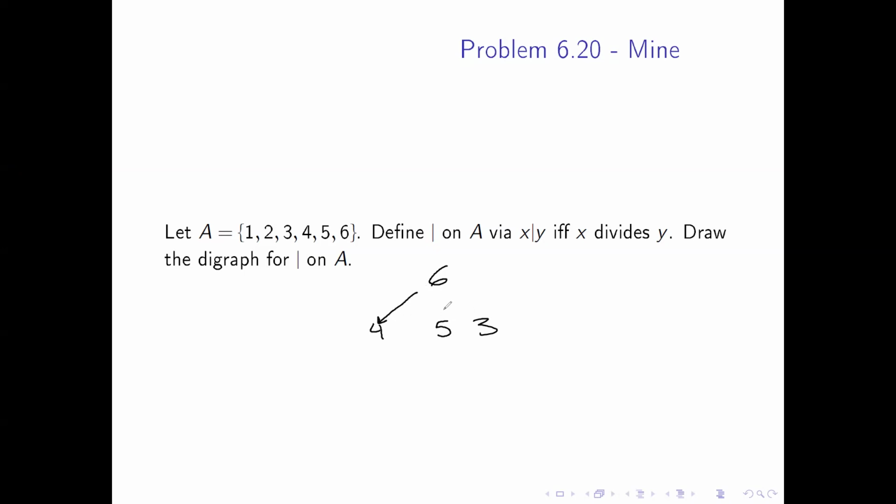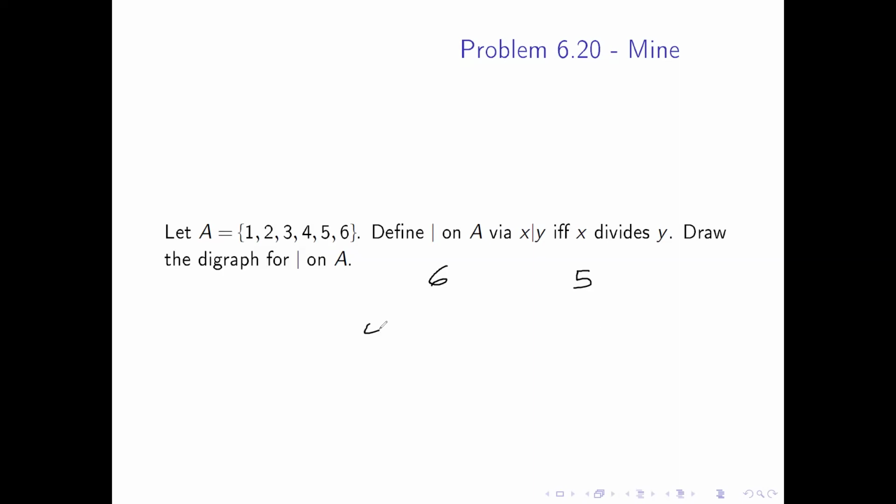I mean, 5 does not divide 6. So actually, let's take that 5 and put it over here. But actually, I have my heads wrong because it has to divide it. I'm going to redo this.